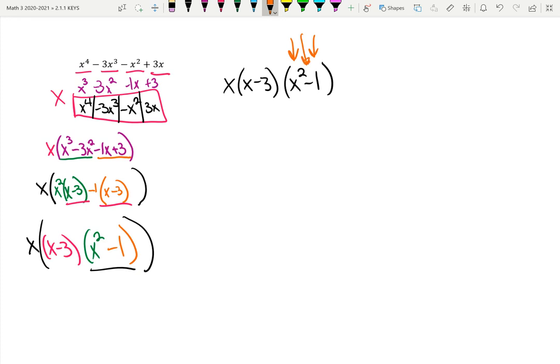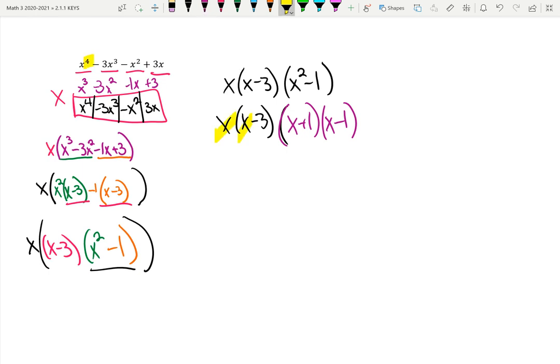All of these are signs that I should factor it. So let's factor this last guy. This is going to be x times x minus 3 times x plus 1, x minus 1, and voila, completely factored. Notice degree 4, 1, 2, 3, 4. That's not by accident.